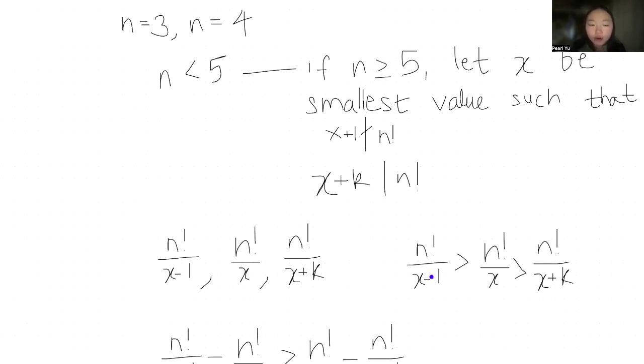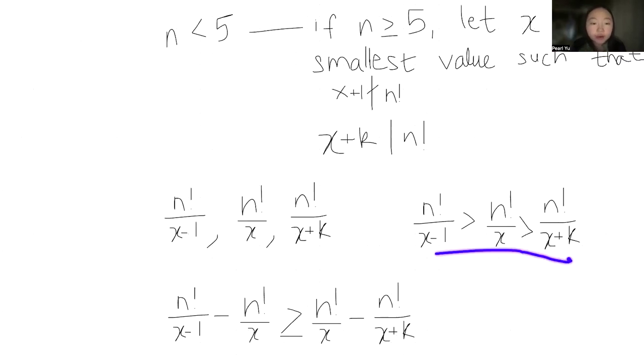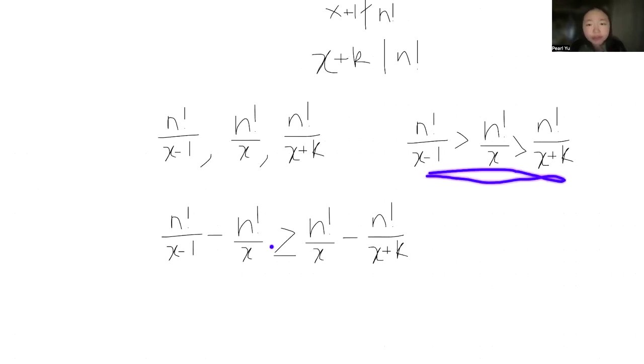And therefore, we know that n factorial divided by x plus 1, because of the problem hypothesis, minus n factorial divided by x is greater than or equal to n factorial divided by x minus n factorial divided by x plus k.